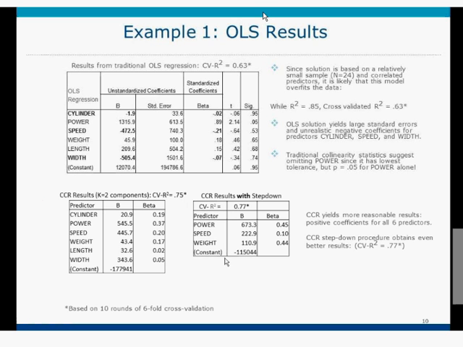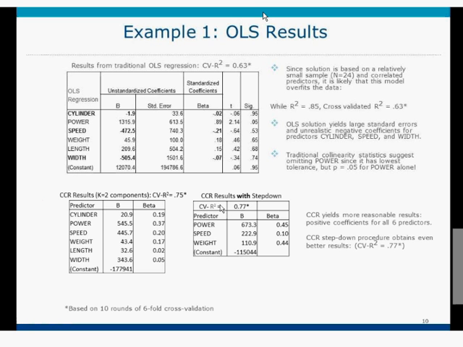Now, the other thing that we'll be talking about is an optional step-down algorithm. So if we wanted to reduce the number of predictors, if there turn out to be extraneous predictors where the regression coefficient was 0, we'd want those to go away. And in the CCR with the step-down algorithm, we end up with 3 predictors, which gives a higher cross-validated R squared.